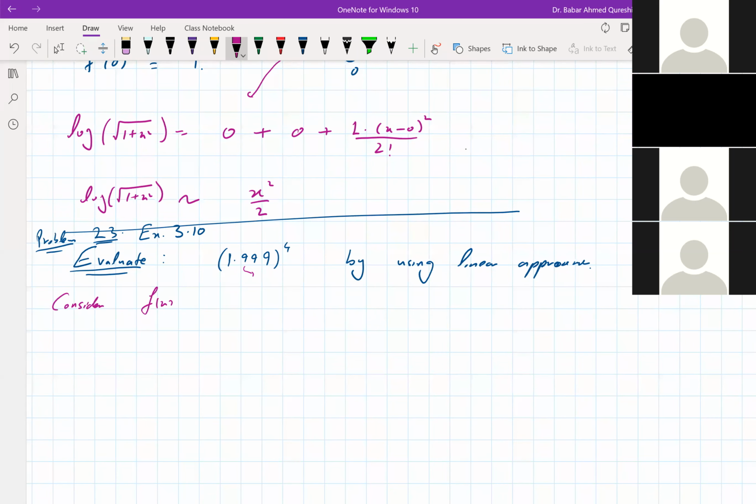So consider this function x to the 4. Then I need to evaluate it at x is equal to 1.999. This is my exact task.